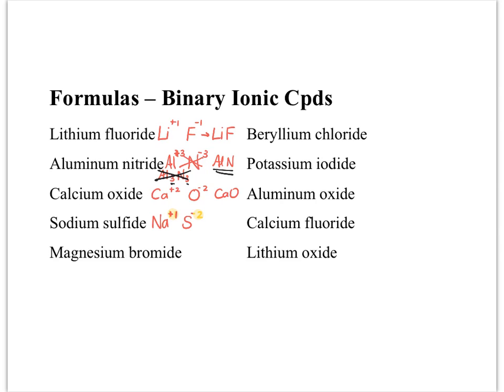So I need to crisscross the oxidation states in order to get my formula. So the 1 from the sodium gets placed next to the sulfur. The 2 from the sulfur gets placed next to the sodium. When I write my final formula, Na, 2 for the subscript, S for sulfur, and I do not need to include the 1 in the formula because 1s are understood.